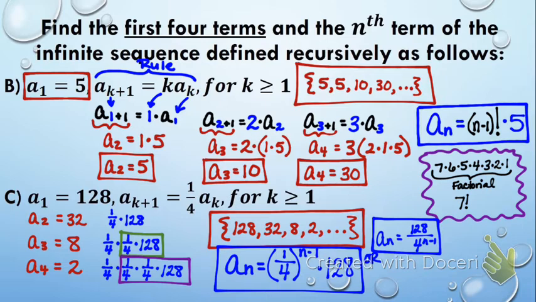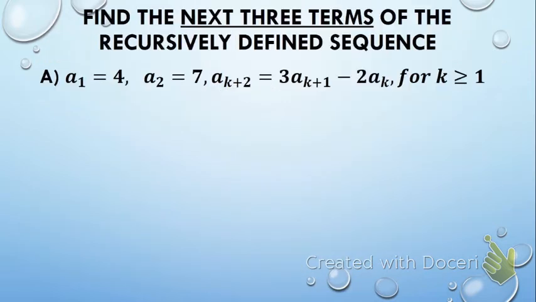I've got 2 more examples that I want to do with the recursive definition. These are a little bit more complicated. We're going to find the first 5 terms, but we're not going to find the rule. So we're just finding terms. What did they give us here? They gave us the first and the second term.